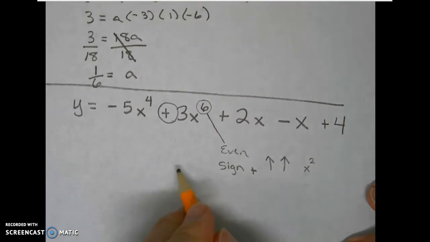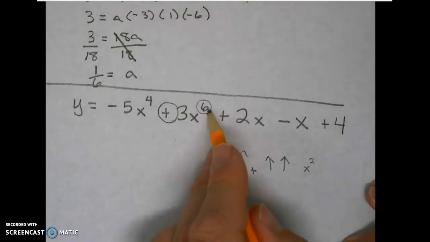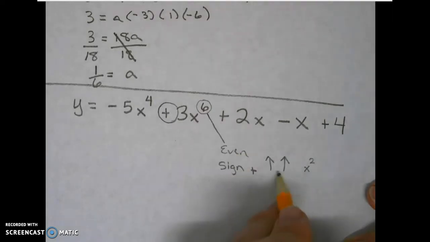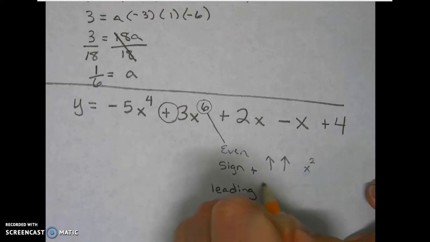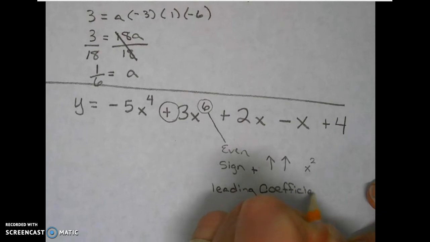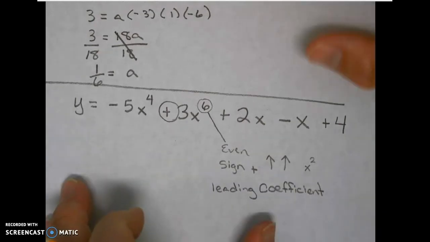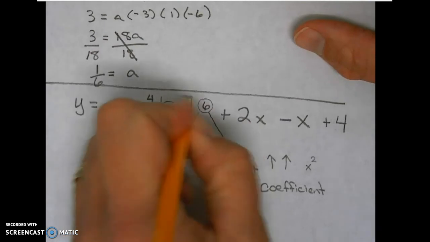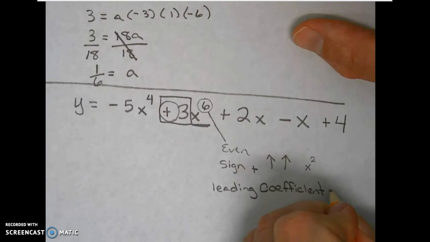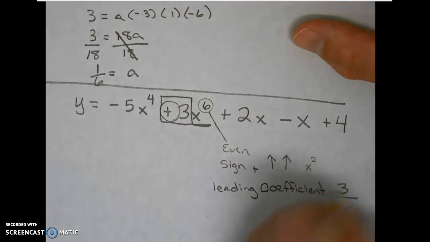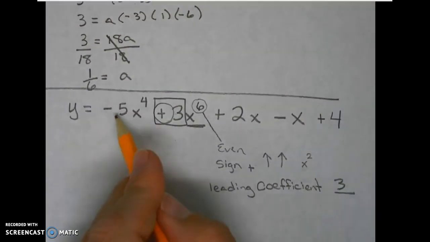Okay, so we know what the degree is. We know what the end behavior is. The leading coefficient is going to be the number on the degree term, so 3, not negative 5.